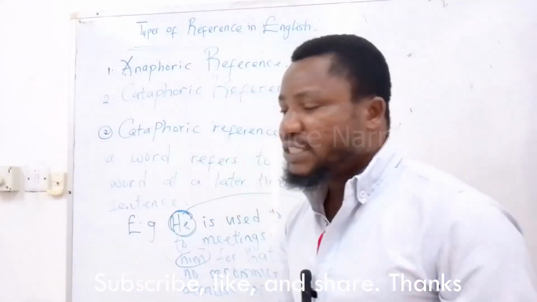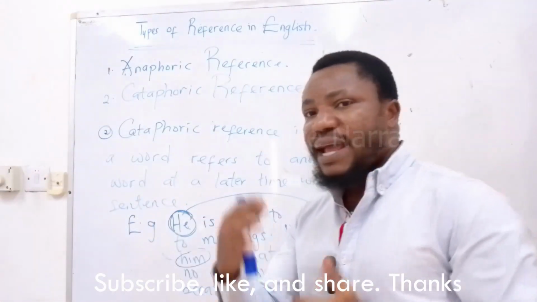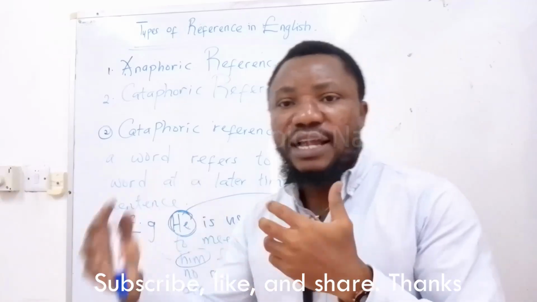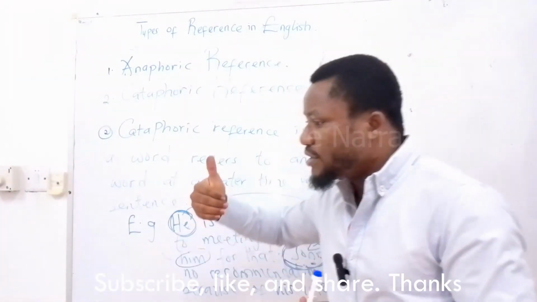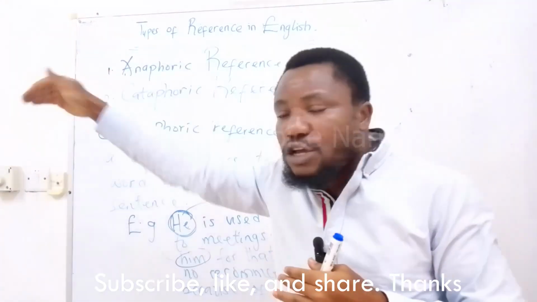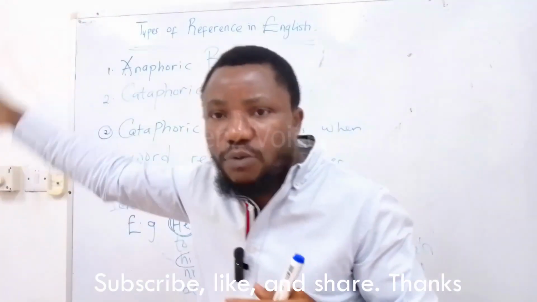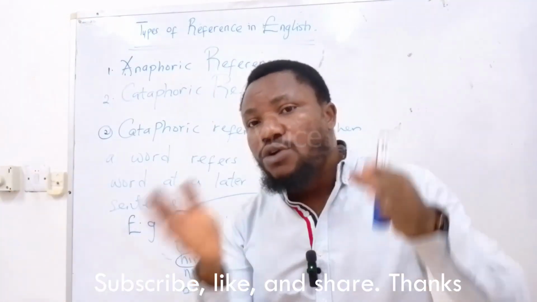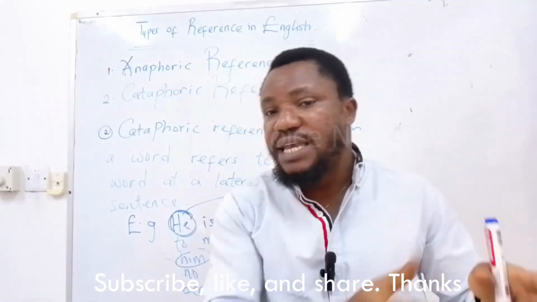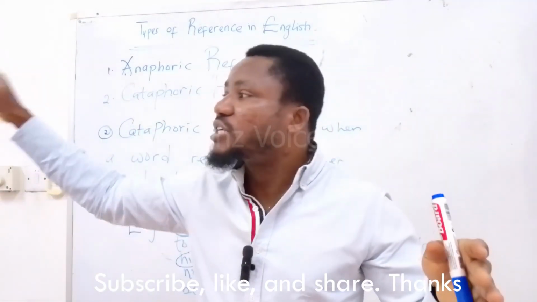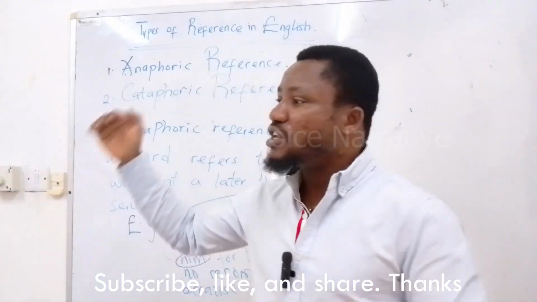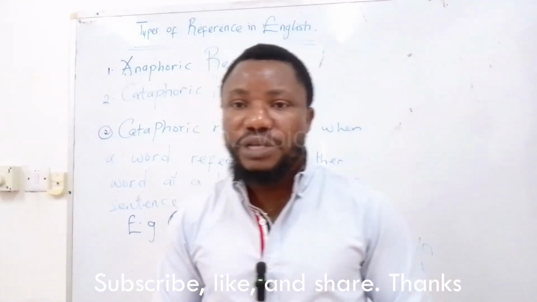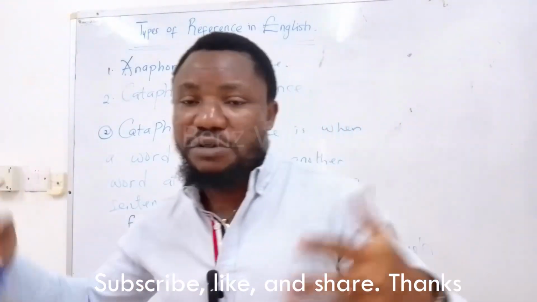And when you begin a sentence with an element whose identity is hidden, and you need to travel ahead to another part of the sentence to understand what this item is, the type of reference that gives you the answer to what this unknown is known as cataphoric reference.